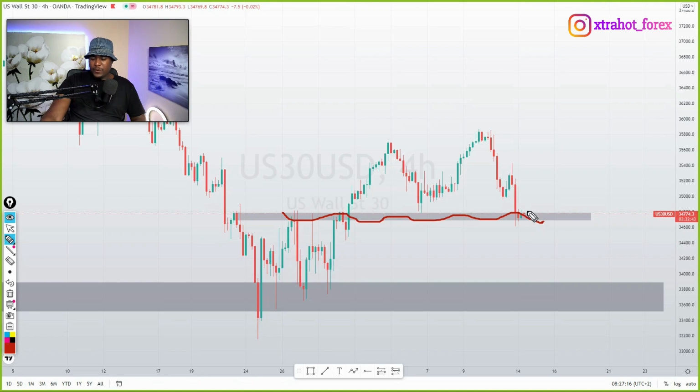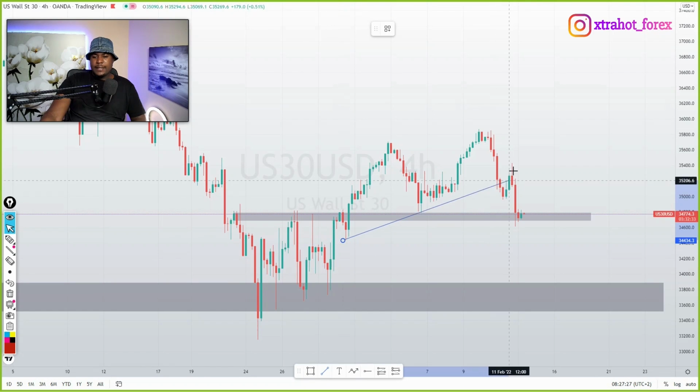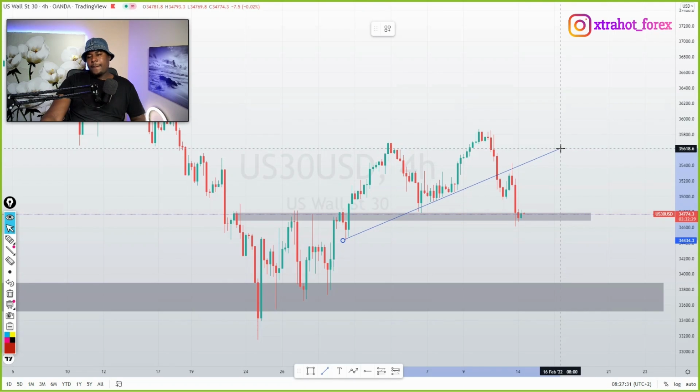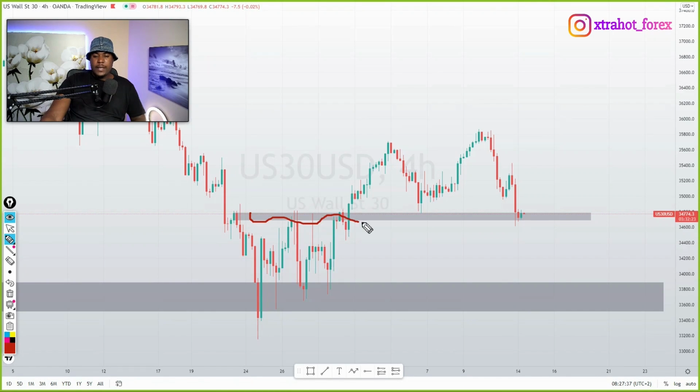So we'll just wait and see if the market is going to push up or continue pushing lower. I don't know if we had something like this before, but I did not see it, and it's already late for that. So we'll focus on this one at the moment.